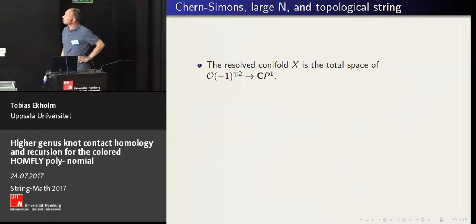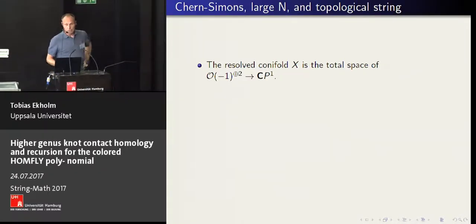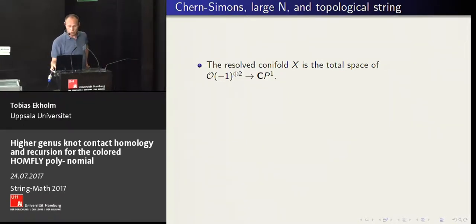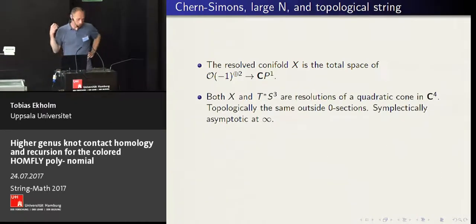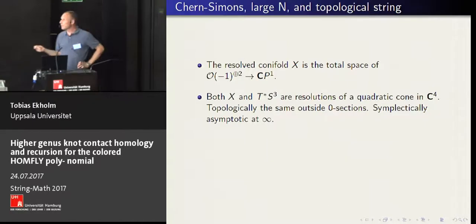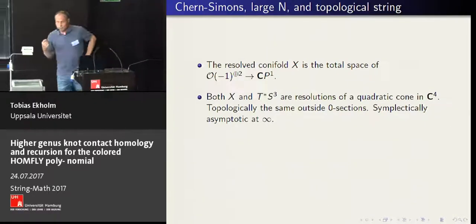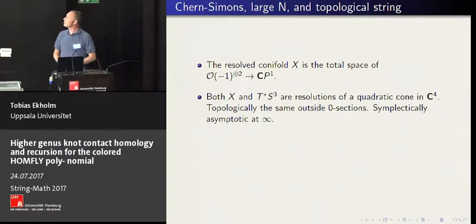So the geometry that we will do will take place in the resolved conifold, which is the total space of local CP1. Both the resolved conifold and T star S3 can be viewed as resolutions of the same cone in C4.